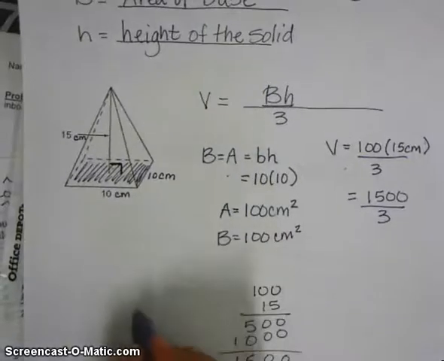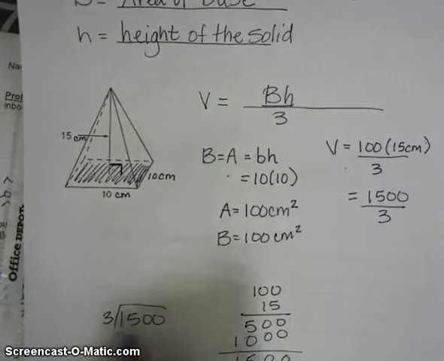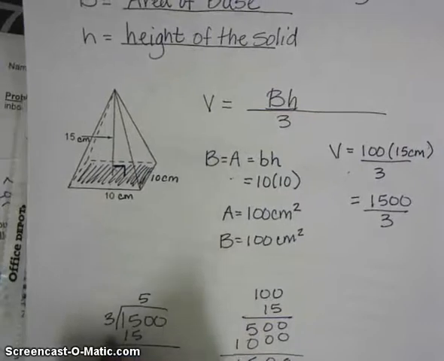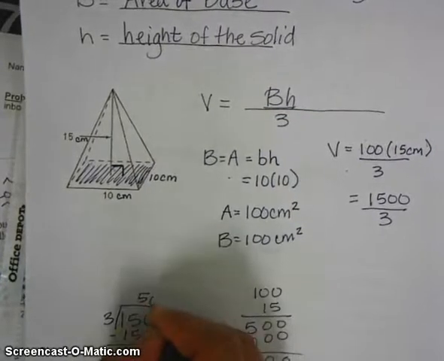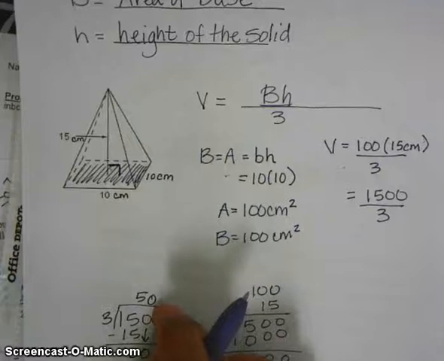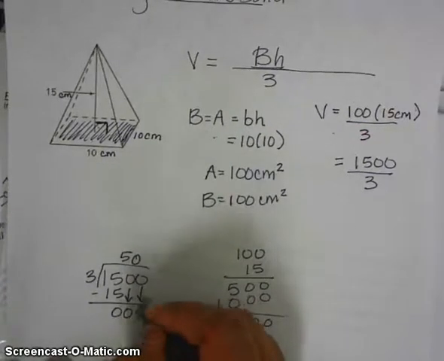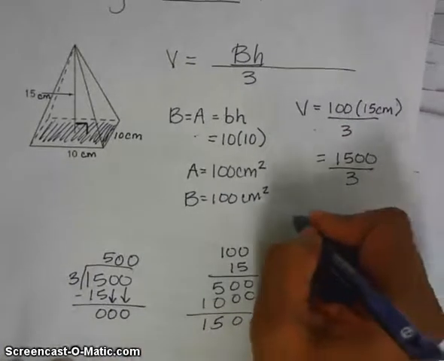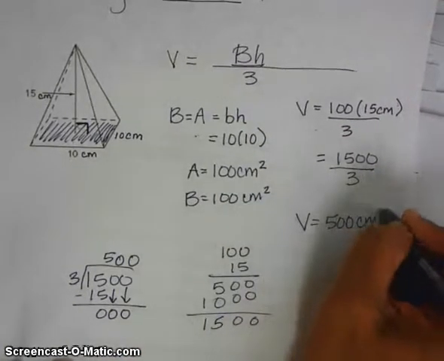And so when you do the math for that one, 1,500 divided by 3, 3 went into 15 5 times. When I subtract, I get 0. When I bring down the 0, 3 goes into 0 0 times. That puts the 0 in your quotient. And then I have one more 0 to bring down. 3 goes into 0 0 times. So my volume is equal to 500 centimeters cubed.